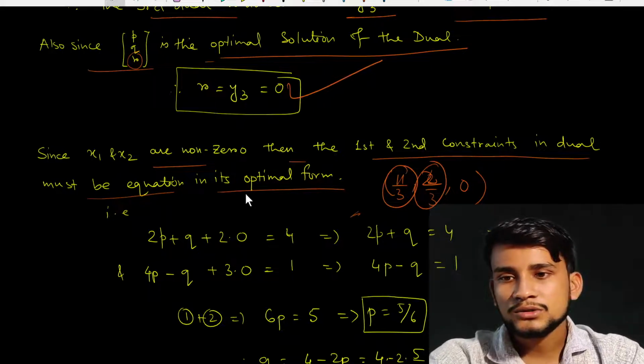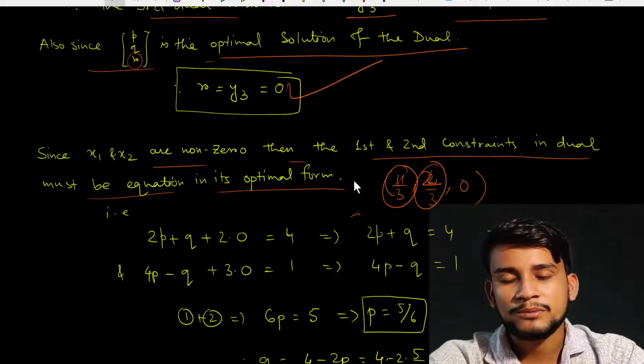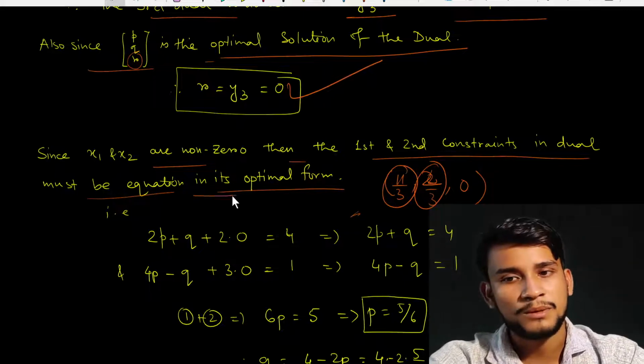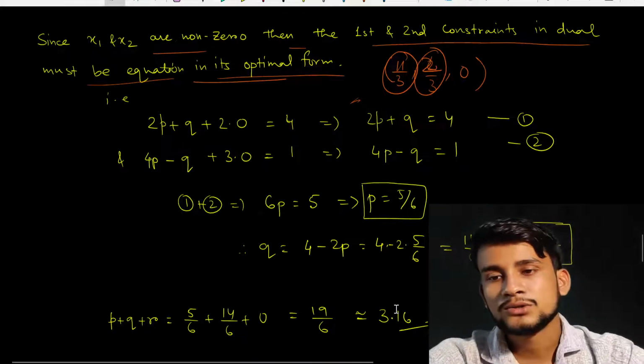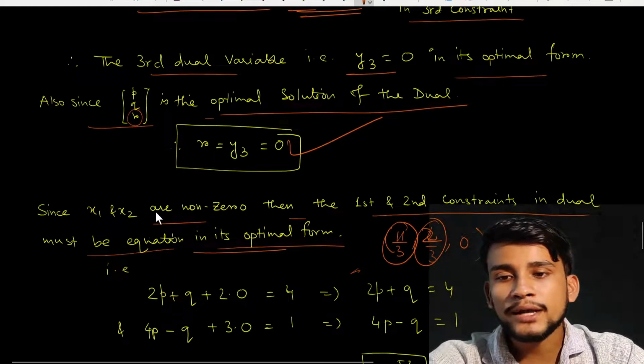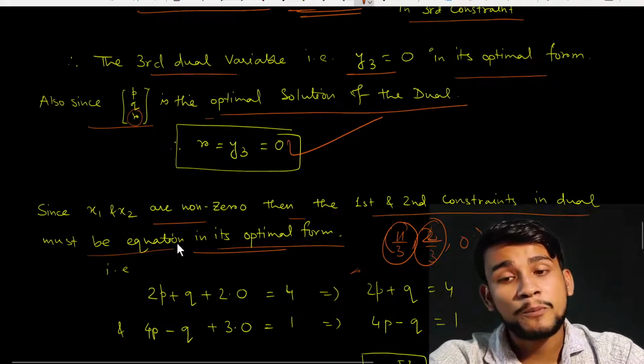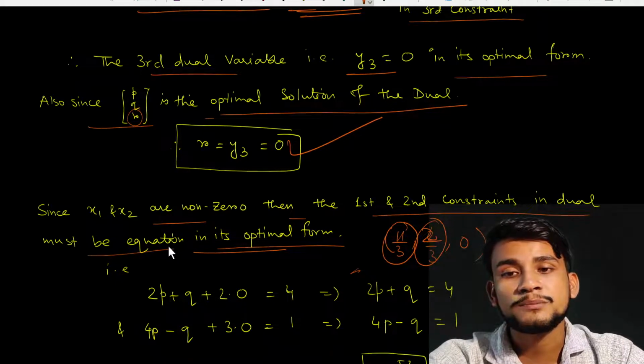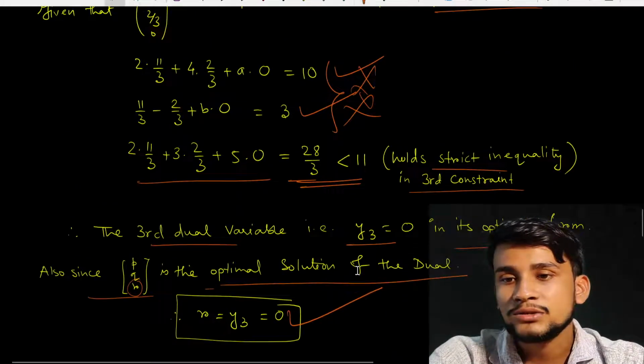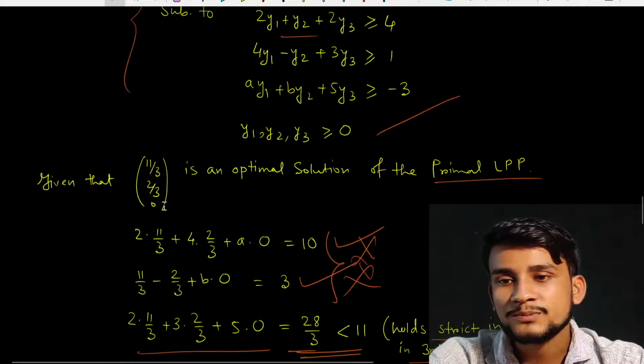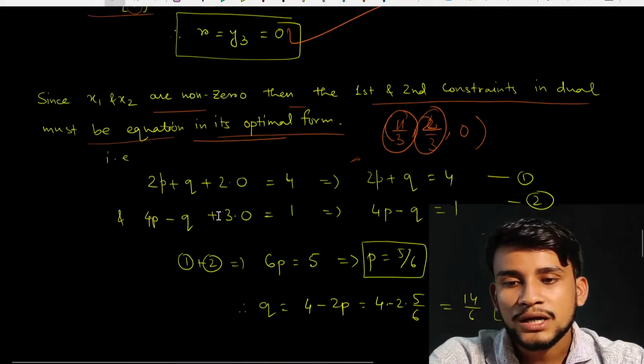Since these are non-zero in the optimal form, therefore the first and second constraints in the dual must be equations. And the optimal solution is given as p, q, r, and r equal to 0 you already get. Therefore we put these p, q, r values into the dual problem.